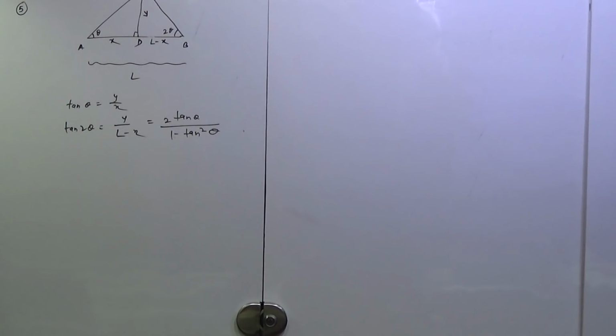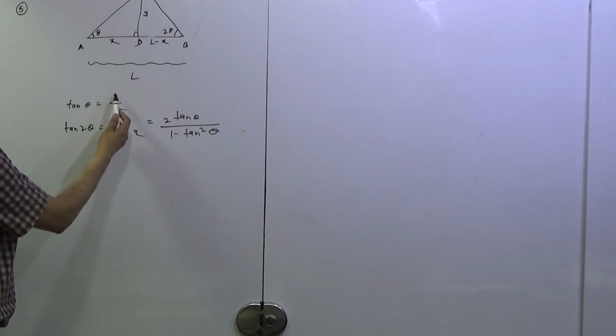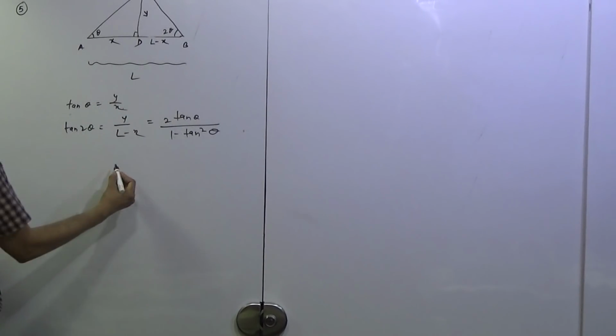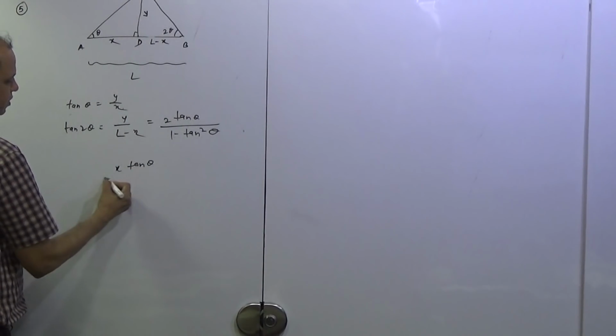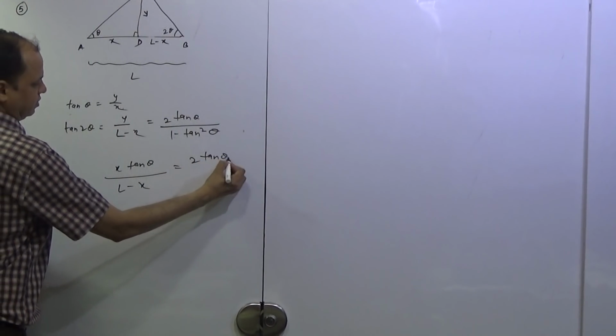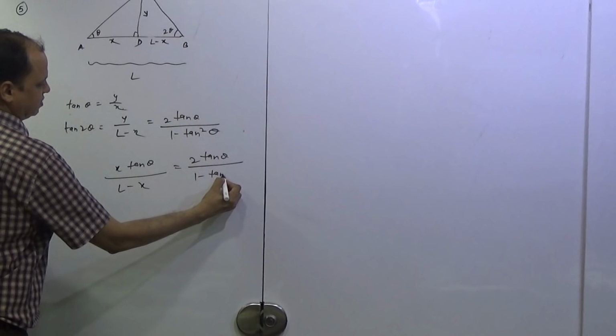Okay? Can we eliminate y from this place? Sir, I will write y is equal to x tan theta. So I will get x tan theta divided by L minus x is equal to 2 tan theta divided by 1 minus tan square theta.